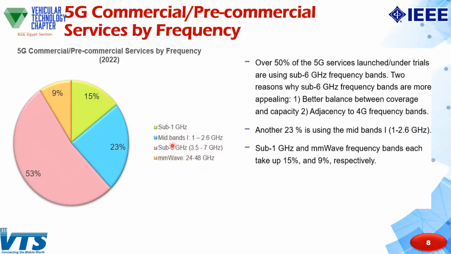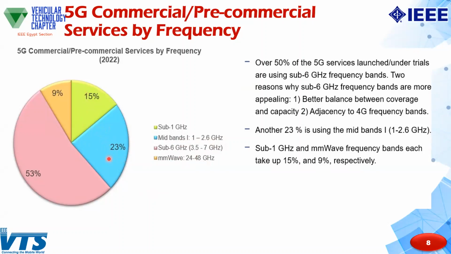And the mid-band, which is 1 to 2.6 gig, is the old mobile communication, 9%. Millimetric wave, 9%. The sub-gigahertz is about 23%.